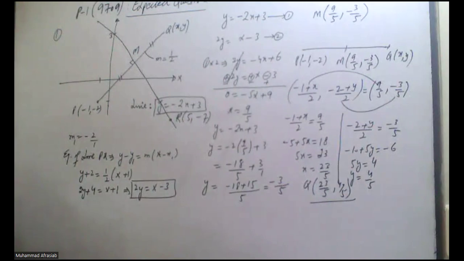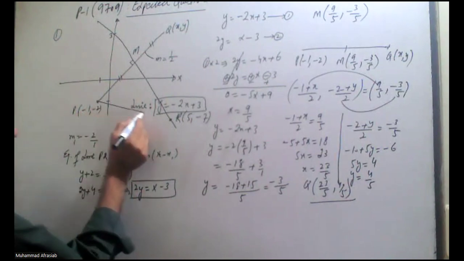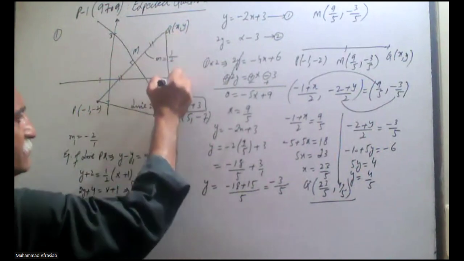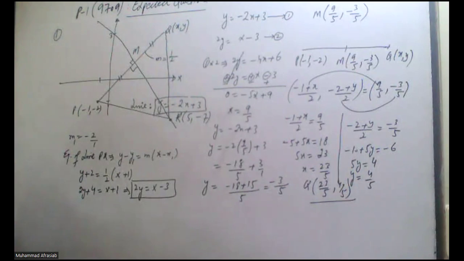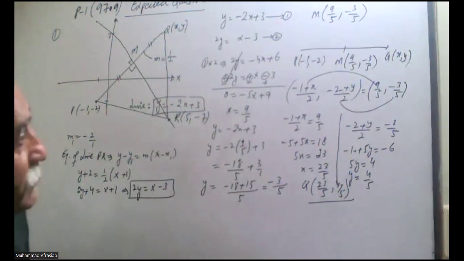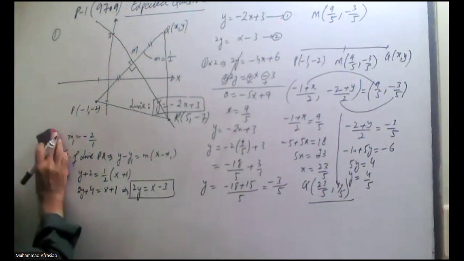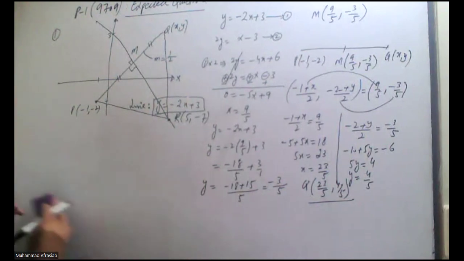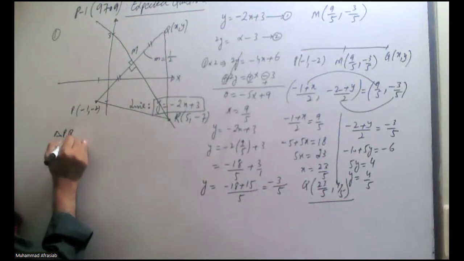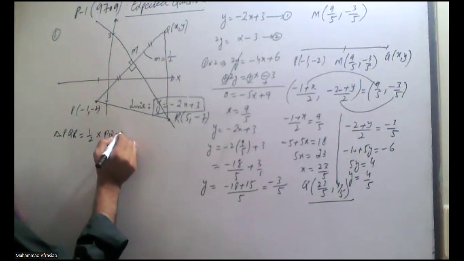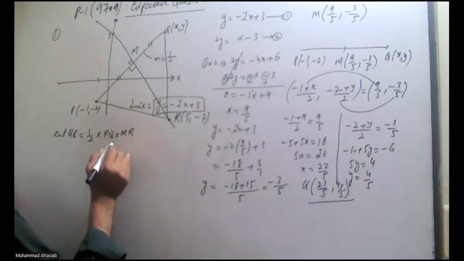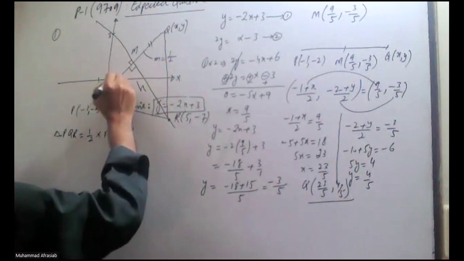Now they are asking to find the area of this triangle PQR. Join P with R and Q with R. We know that this is 90 degrees, then this is also 90. So the area of the triangle PQR is equal to half into PQ into MR, because this is the height and this one is the base.